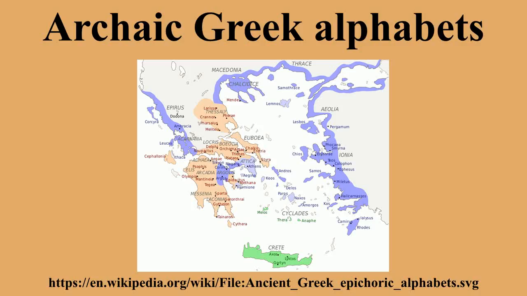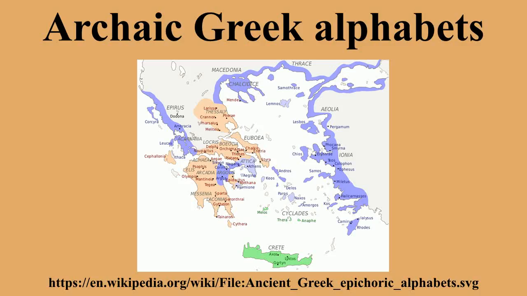Some local scripts used the M-shaped letter san instead of standard sigma to denote the sound s. It is unclear whether the distinction between the two letters originally corresponded to different phonetic realizations of the s phoneme in different dialects.